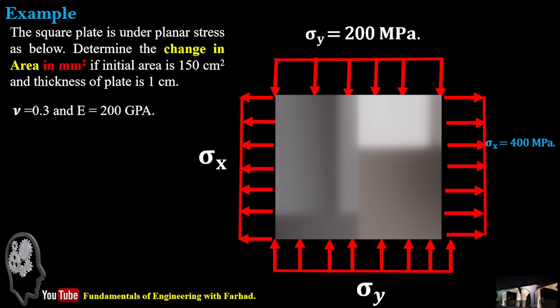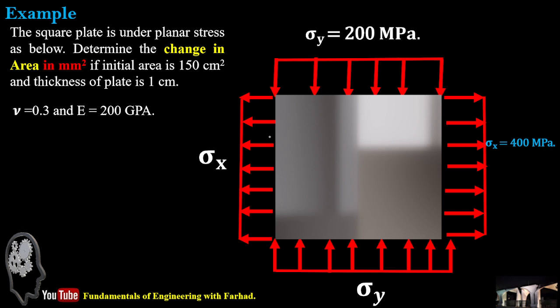In this example, let's consider a square plate handling planar stress: sigma y is compressive, negative 200 megapascal, and sigma x is tensile, 400 megapascal, in the x and y directions.